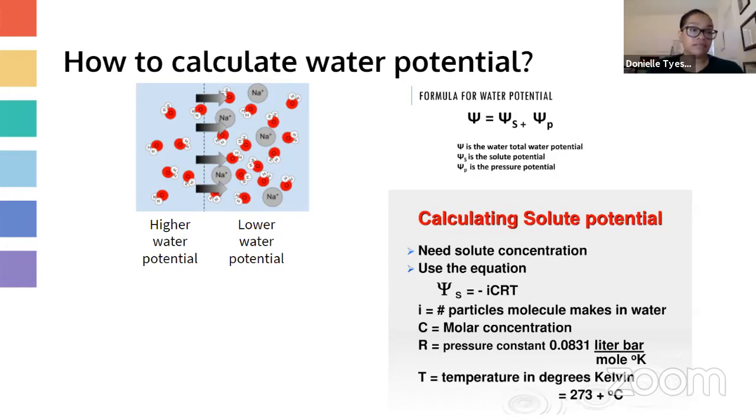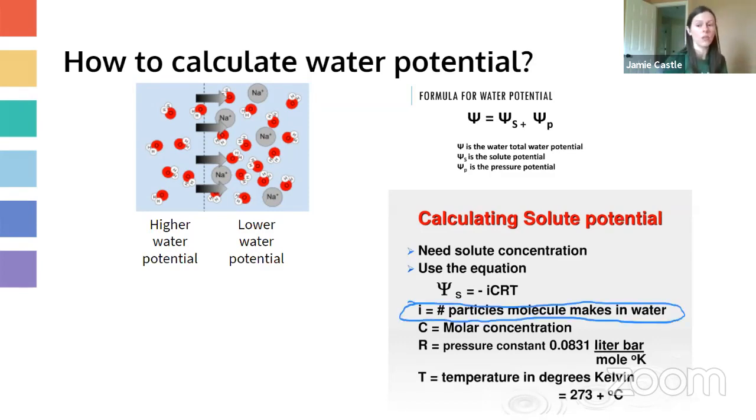Yeah. And this may be because I did the Unit 1 review, but I just want to point out this i variable here is going to depend on whether your solute is ionic or covalent. So if you have an ionic solid like sodium chloride, that's going to split up into its constituent ions.